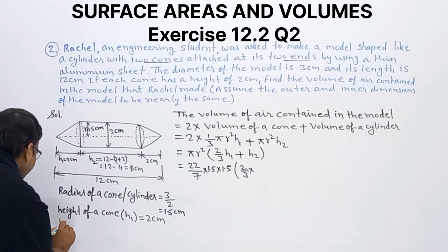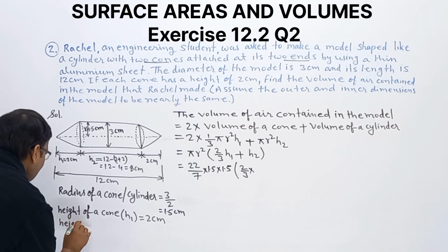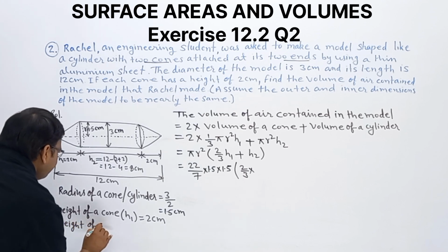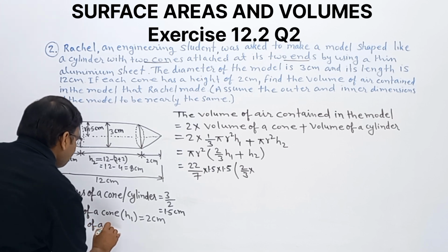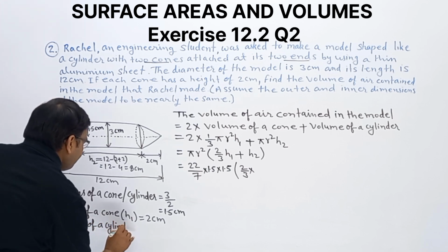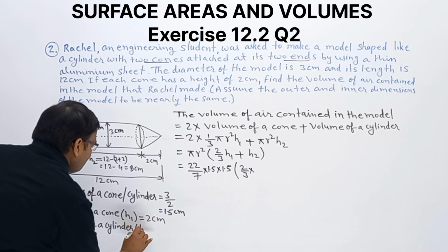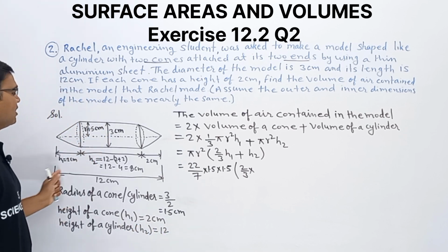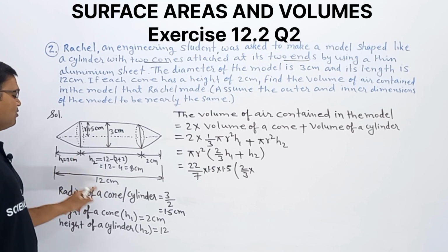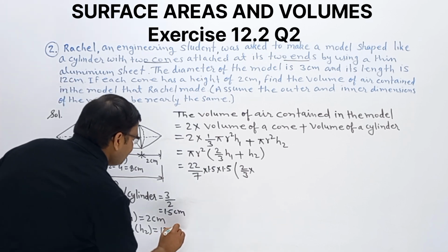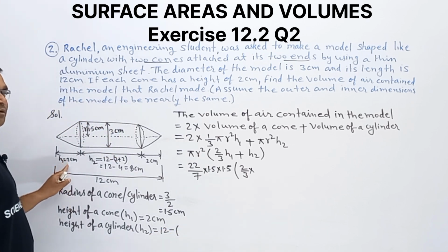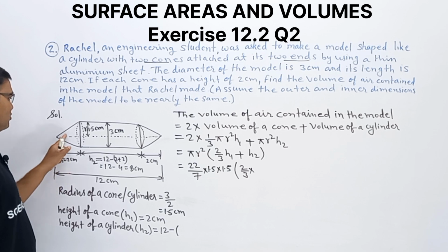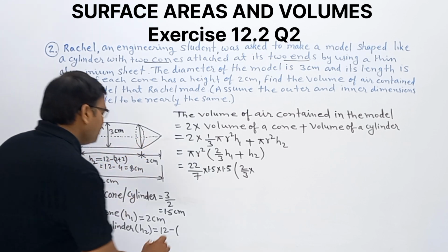And next one, the height of the cylinder is h2, and what is this? The total height of the model is 12 centimeter, minus 2 centimeter height of a cone for this one and 2 centimeter height of a cone for this one.